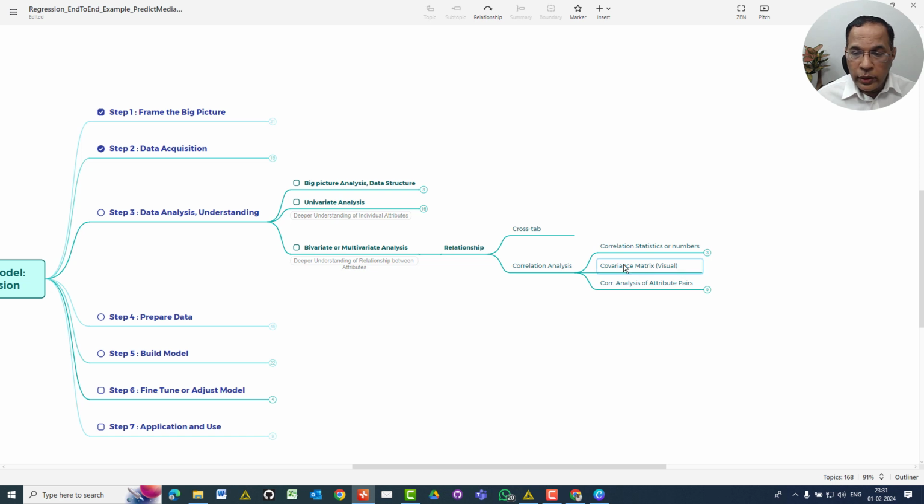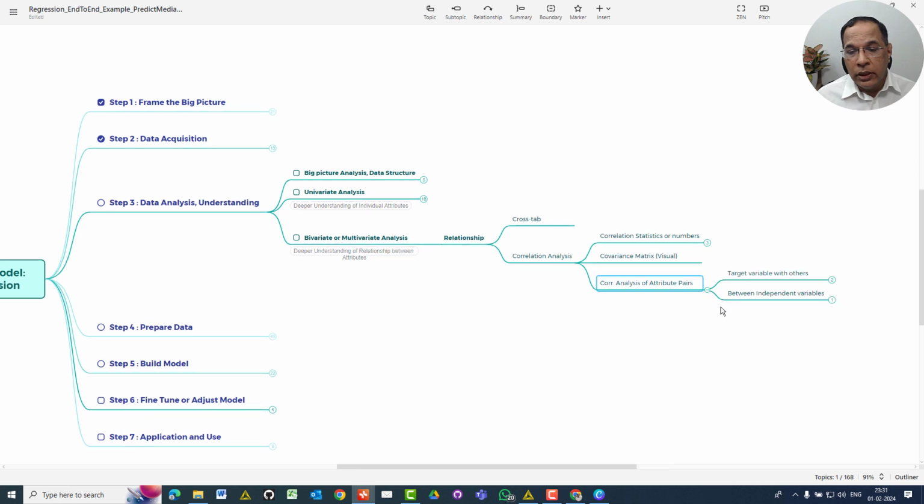Second technique is covariance matrix. Now covariance matrix is, essentially, again, you're trying to plot a relationship across all of these attributes with every other attribute, right? So that's another quick visual, and we will see all of these. What I would say is, one type of analysis that you want to do is, what is the relationship between the target variable, which is our price or the y, and then these other attributes which are x's, right?